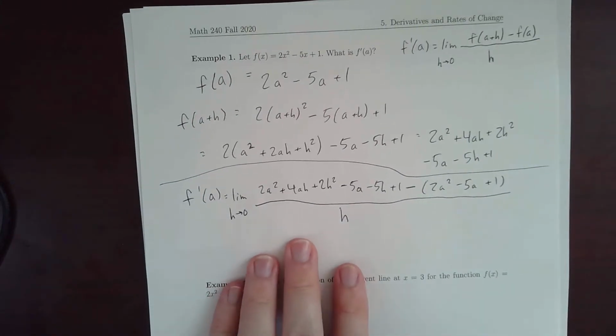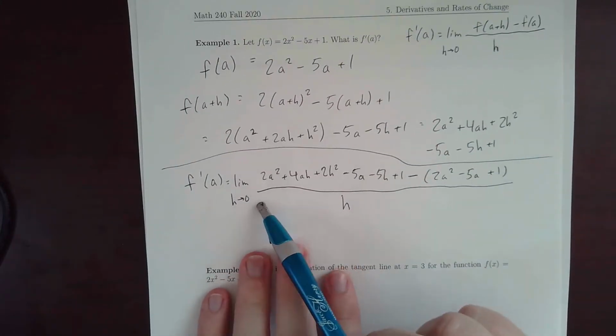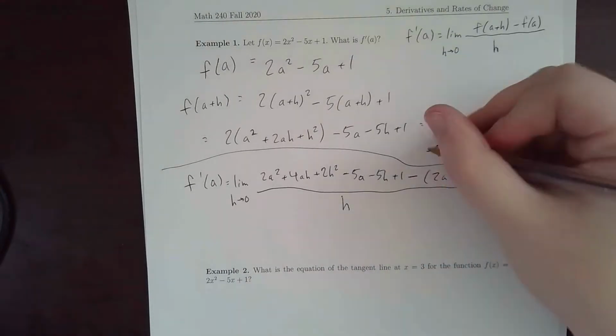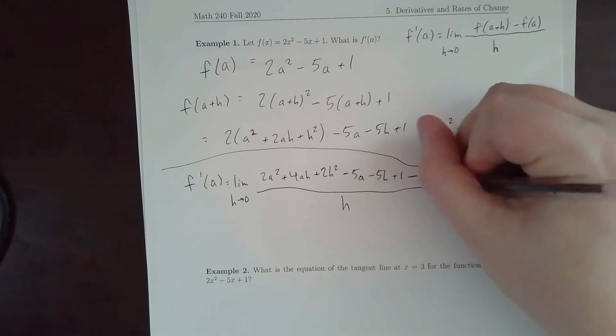Now remember, we can't go ahead yet and plug in the h directly, because since we're going to 0, we would have a problem because we'd be dividing by 0. So since we can't do that, we want to go ahead and combine our like terms first. Now what I'd recommend doing is distributing this negative sign and making it very clear what's being subtracted and what's not.